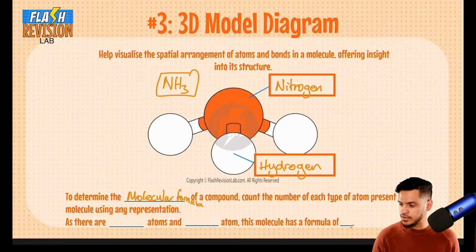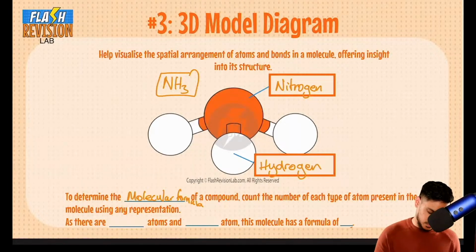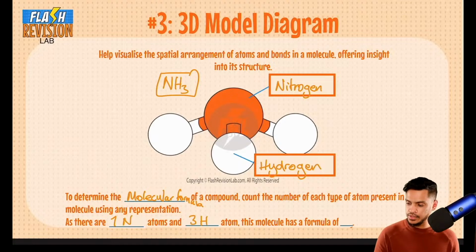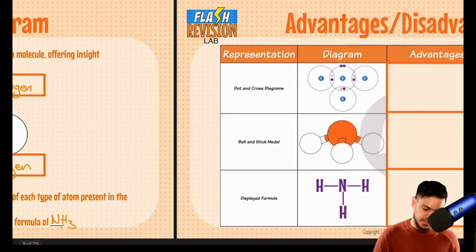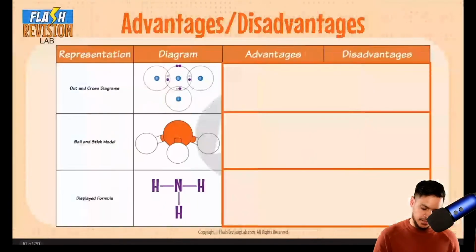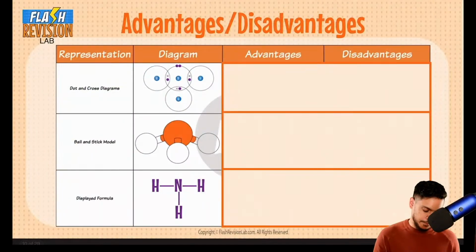So here we've got 1 nitrogen atom and 3 hydrogen atoms. The molecular formula of this is NH3. All right. So no one knows the advantages and disadvantages of this. Okay, so this is what the next part is all about.